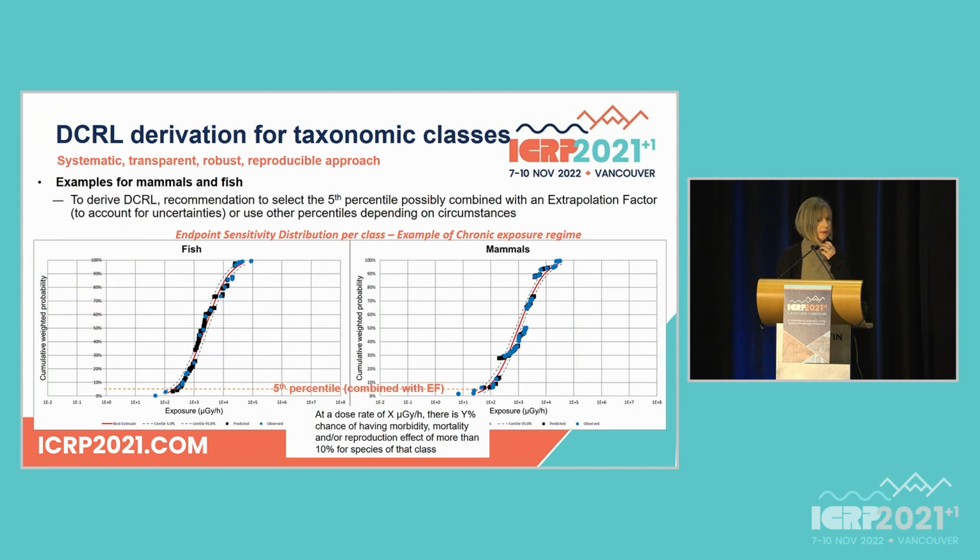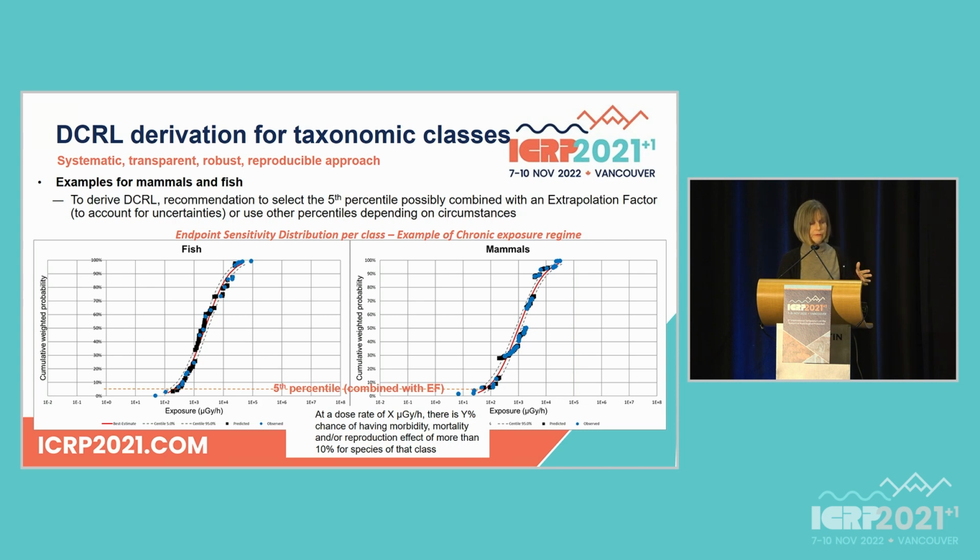Here are the two examples for fish and mammals. You can notice that the endpoint sensitivity distribution shows the range of radiation sensitivity among the different endpoints, among species within the same class.